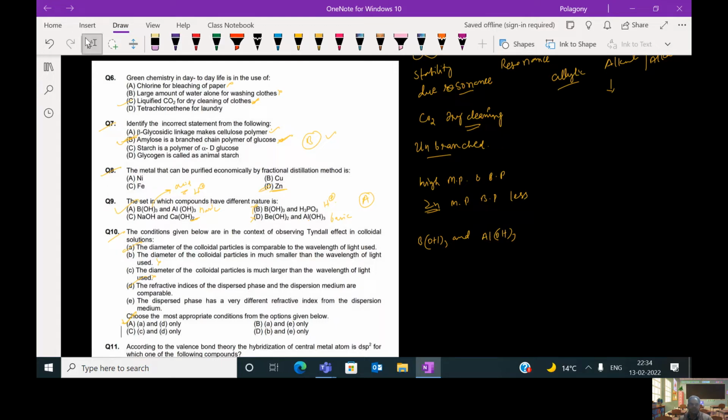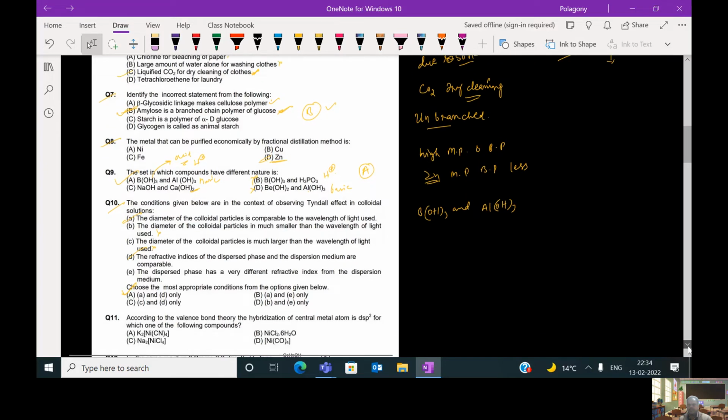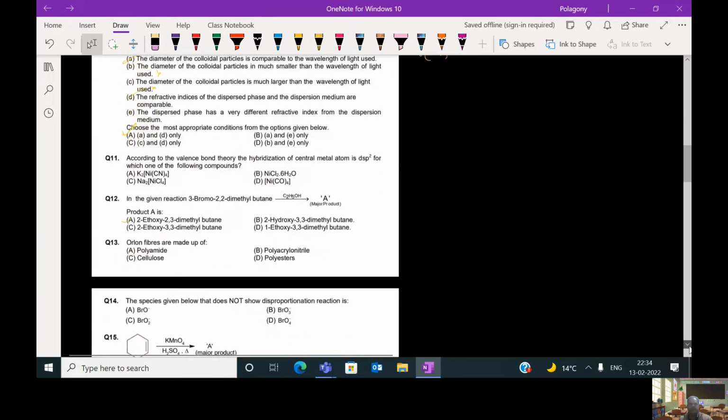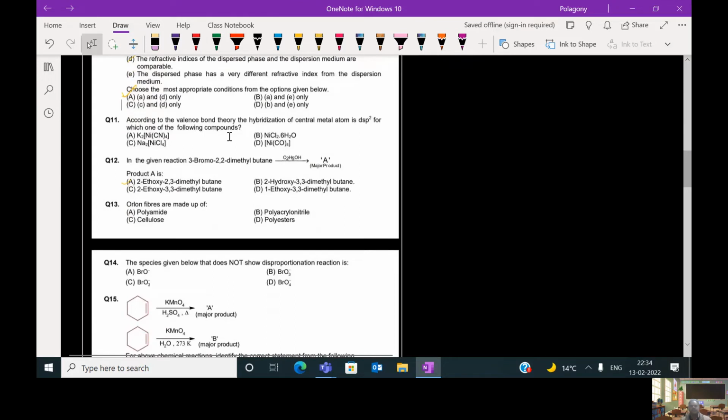Now the question is question number 11. According to the valence bond theory, the hybridization of the central metal atom is dsp2 for which of the following is correct? So here the compounds are given.